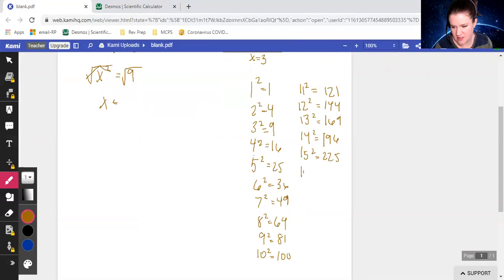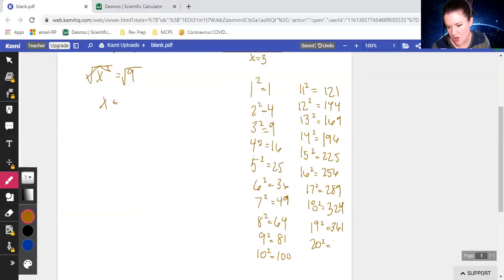Now we're really testing me. 16 squared is 256. 17 squared is 289. 18 squared is 324. Oops, messy handwriting. 19 squared is 361, and 20 squared is 400.